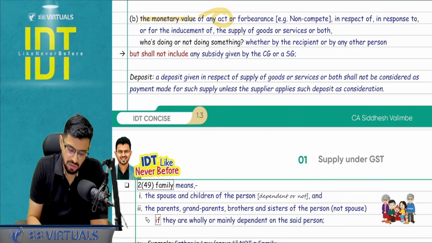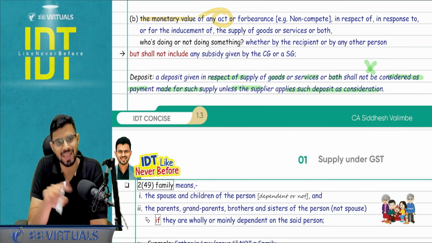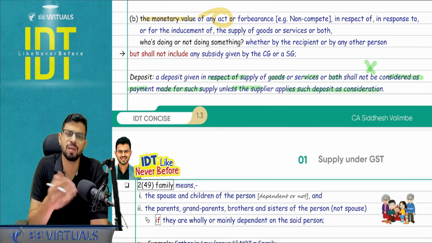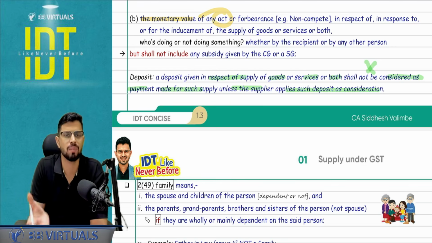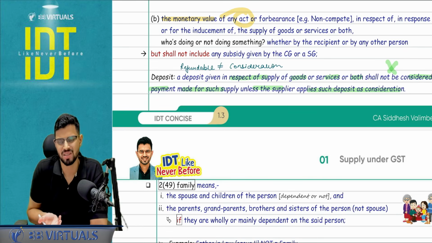So deposit given in respect of supply of goods, services or both shall not be considered as payment unless the supplier applies it as a consideration. Means refundable is not a consideration, non-refundable is a consideration. Simple. Obviously, this is common sense.